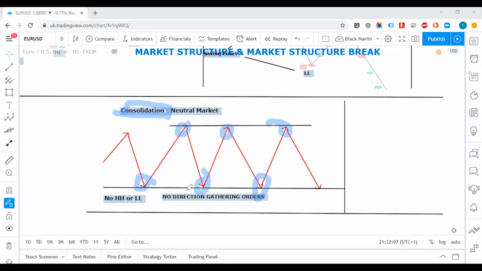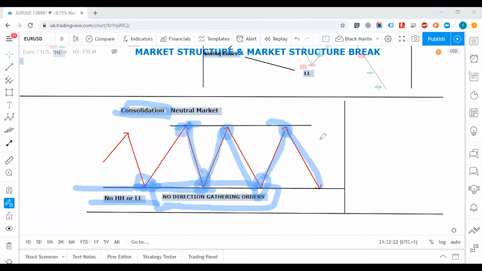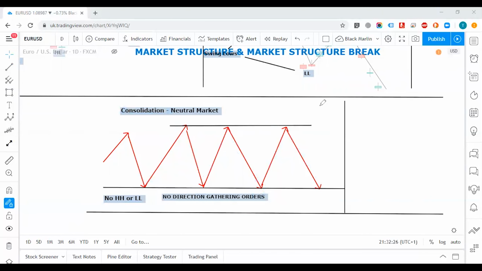You can see there's a swing low, there's a swing high, and price is just bouncing between the two. This is when we don't have a higher high or lower low. There is no direction. The market is just gathering orders. So this happens in the market as well.